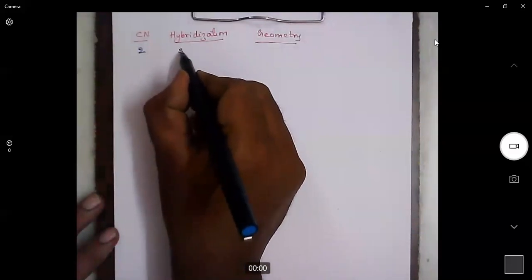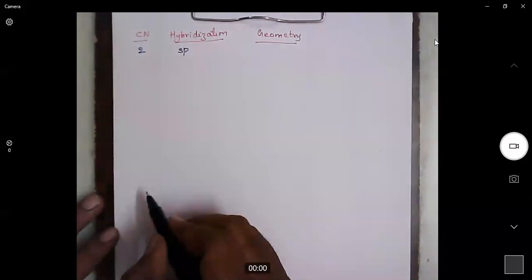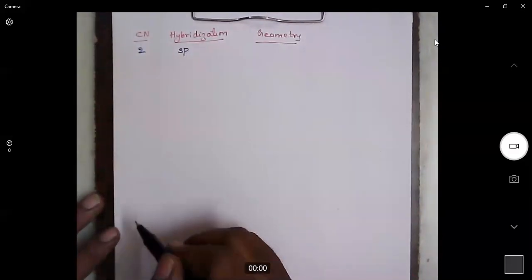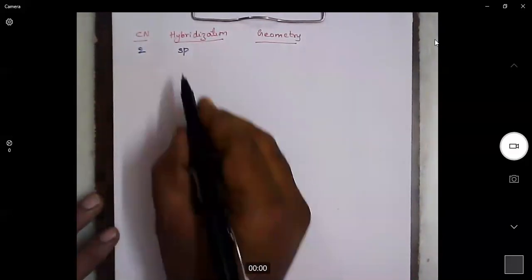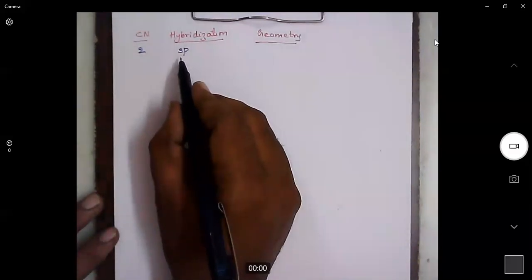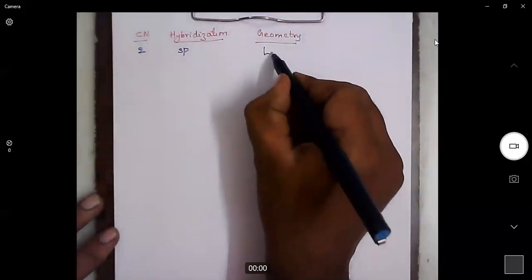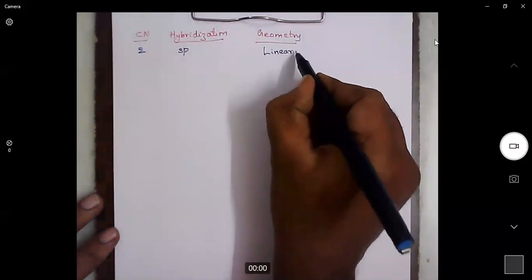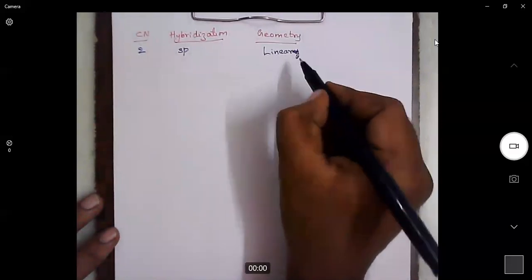When coordination number is 2, one s orbital and one p orbital will undergo hybridization to give sp hybridization. When we have sp hybridization, the shape of the molecule is linear.